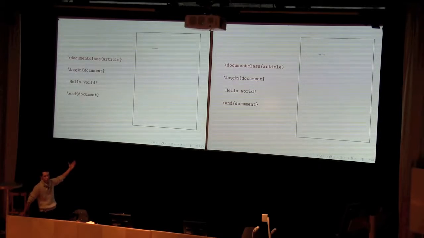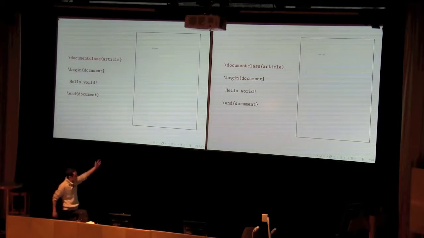You have a backslash, the name of the command, and then an argument between curly braces. This is the class you want to use. The class is what defines how things will look by default. So this is the first line of every TeX file. You write it, and then you forget about everything else.